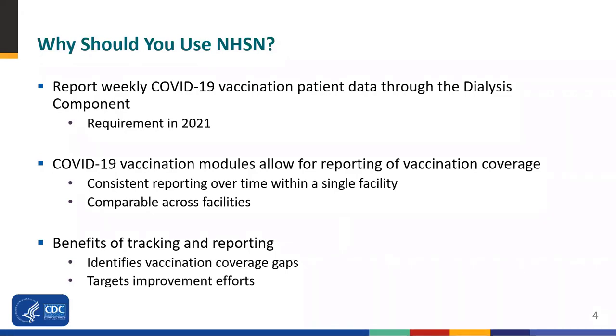Dialysis facilities are required to report data in 2021. For more information on these requirements, facilities are encouraged to contact their ESRD networks. The networks can provide the specific details on when reporting COVID-19 vaccination data through NHSN for healthcare personnel and patients should begin.